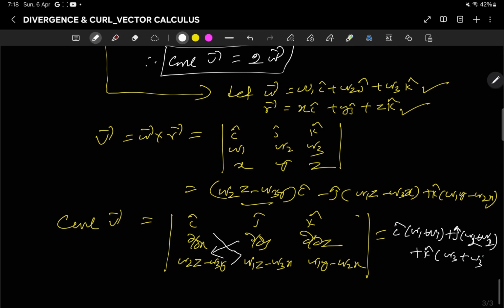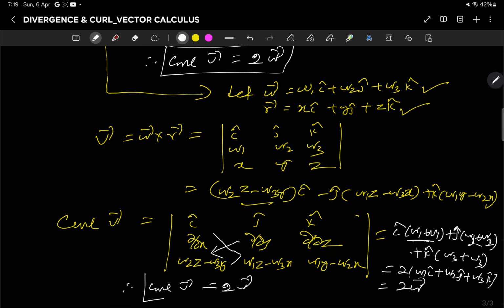So this will give twice (omega 1 I plus omega 2 J plus omega 3 K), which is equal to twice W. Therefore curl of V is twice the angular velocity.